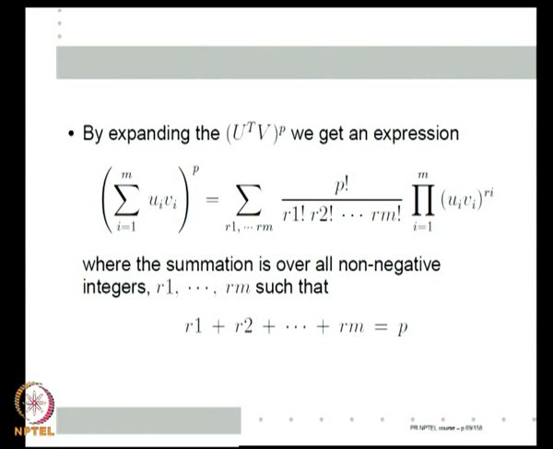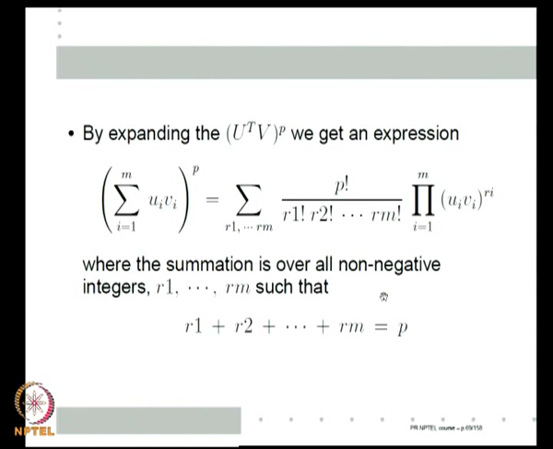So, I can use a multinomial expansion. If I use a multinomial expansion, what kind of terms will I get? I get a sum of products. Each product is (u1 v1) to the power r1 into (u2 v2) to the power r2 into (u3 v3) to the power r3, and so on, where the r's are such that their sum should be p. For example, in the binomial case, I will get 0 and p, 1 and p minus 1, so you get (u1 v1) to the power 0 with (u2 v2) to the power p, (u1 v1) to the power 1 with (u2 v2) to the power p minus 1, (u1 v1) to the power 2 with (u2 v2) to the power p minus 2, and so on.